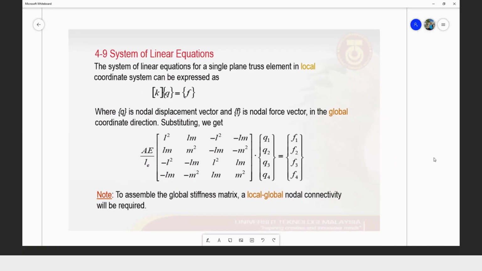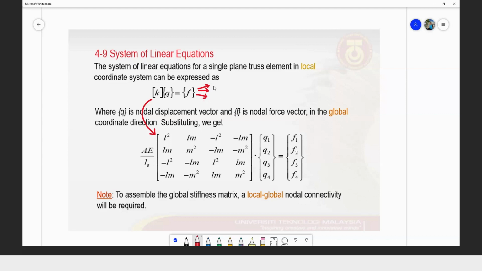Alright, the system of linear equations that we are going to solve still remains the same as we did for the bar problem, which is in the form of KQ equal to F. Only our K has now changed to this form. F is the same, we have to look at the three components of forces. If there is only a point load, then we just deal with the point load.